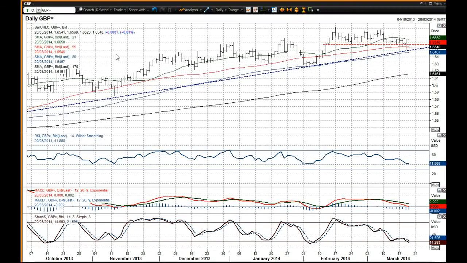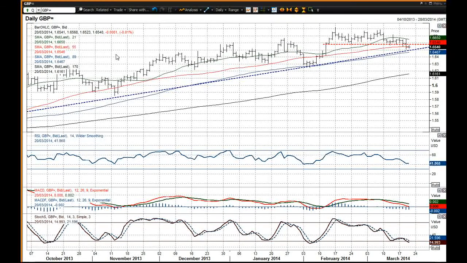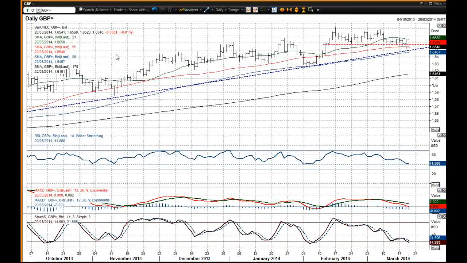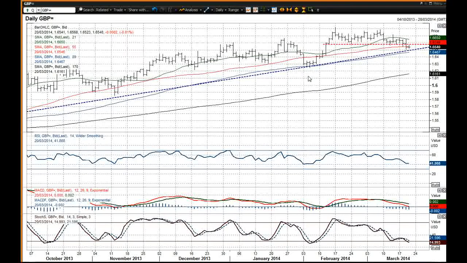So this could be an interesting couple of days, certainly on the technical front for cable, in terms of whether we maintain this bullish medium-term view, or whether we have to start thinking about a retracement of the big bull market run back towards at least that 62.50 level that we'd seen in early February.